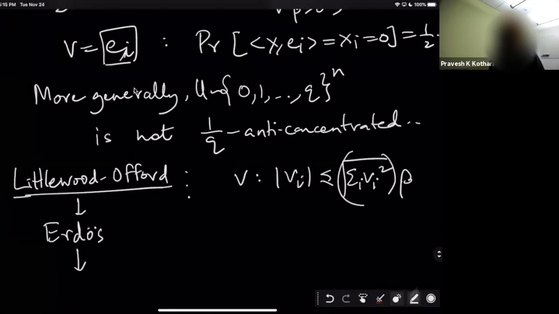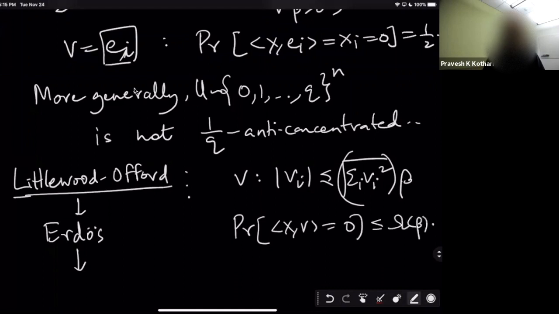Maybe the way to think about it is that the probability that ⟨x, v⟩ is 0 is at most omega beta. So it's really some property about sparse vectors. If I take dense enough vectors, where no single coordinate dominates too much, then in fact even the hypercube turns out to be a reasonable distribution, but it's not anti-concentrated in all possible directions, unfortunately.